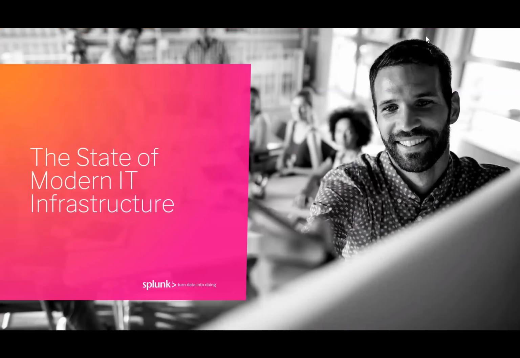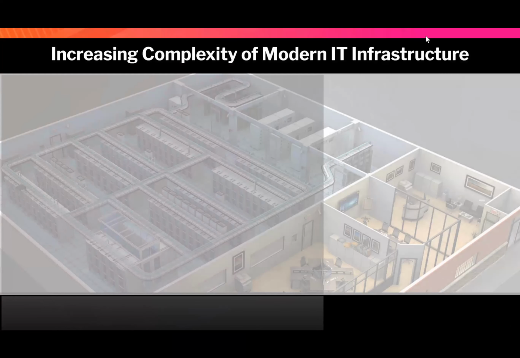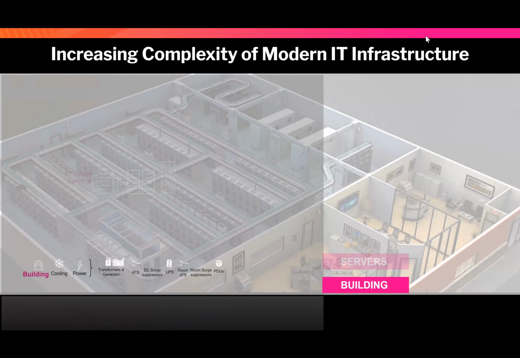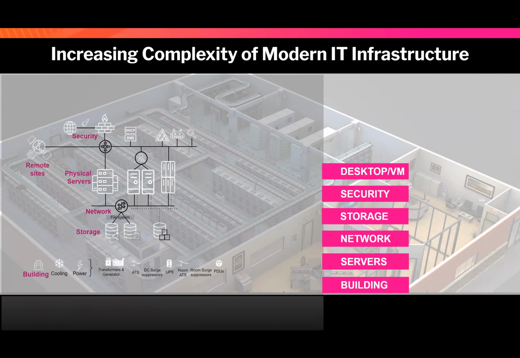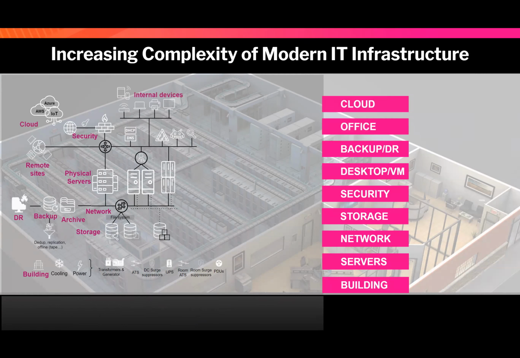So basically, the problem of any modern IT infrastructure is the increasing complexity of technology components, starting from the building management systems to servers, and these servers need networks and firewalls, of course, load balancers or network devices, and servers will definitely need storage and end user monitoring, virtual machines, backup, you name it.